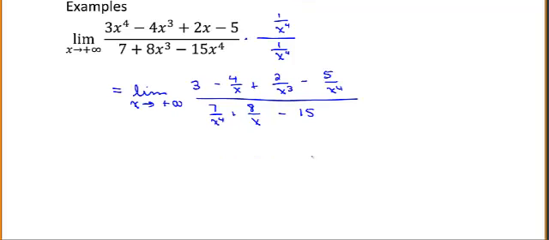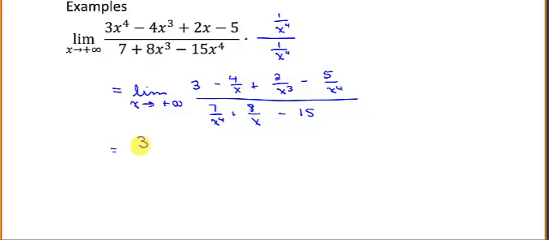Now if I take the limit as x approaches positive infinity, all of these terms, except for the 3 and the negative 15, are of the form c over x to the n, and so they all go to 0.